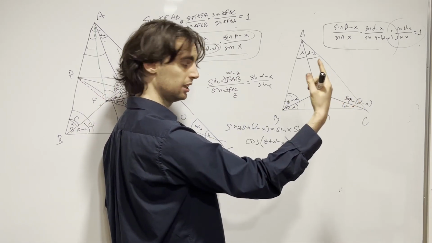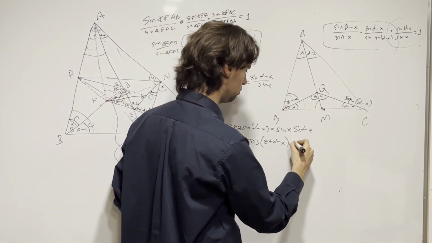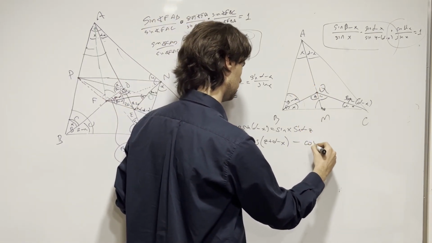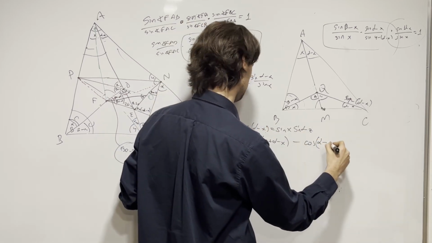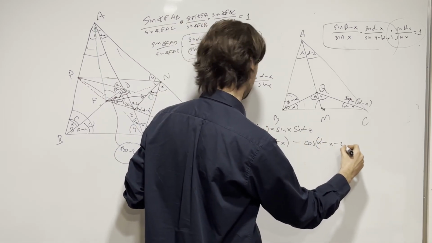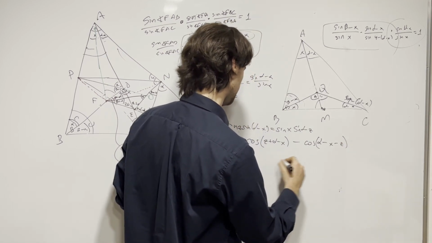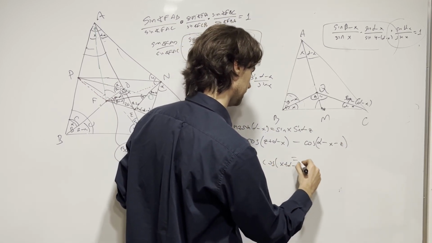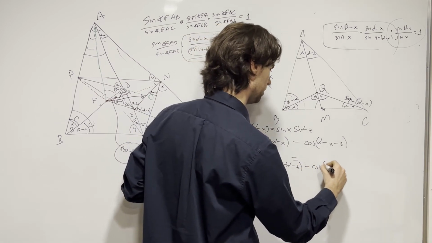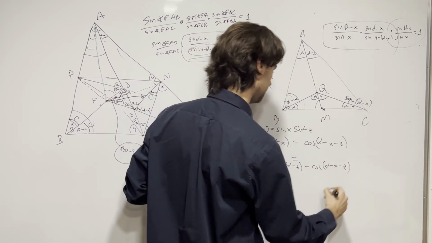If I'm not mistaken, I need to subtract to get cosine of this minus this, which is alpha minus x minus z. This is equal to cosine of x plus alpha minus z minus cosine of alpha minus x minus z.